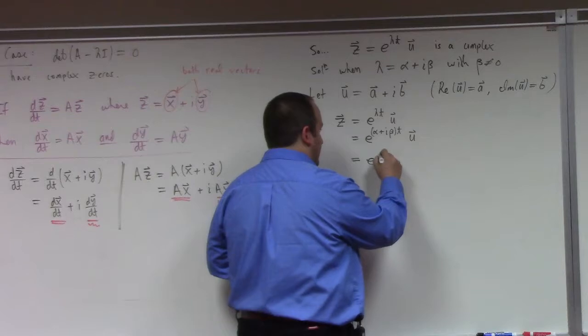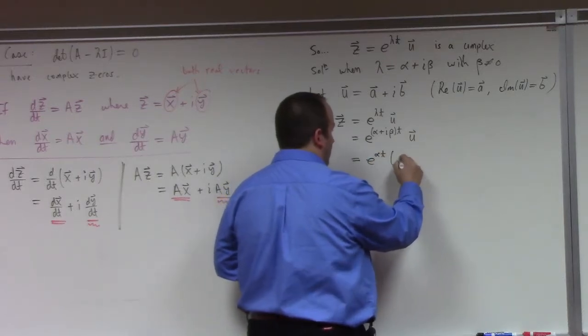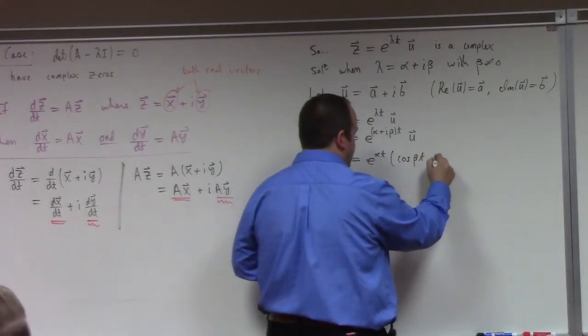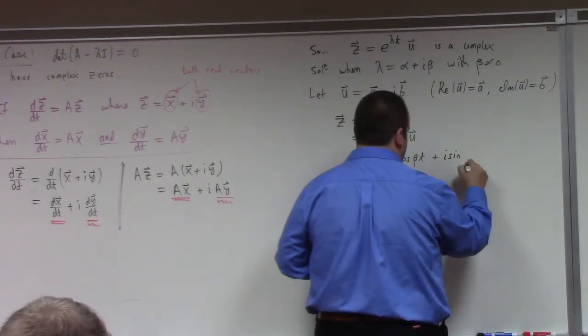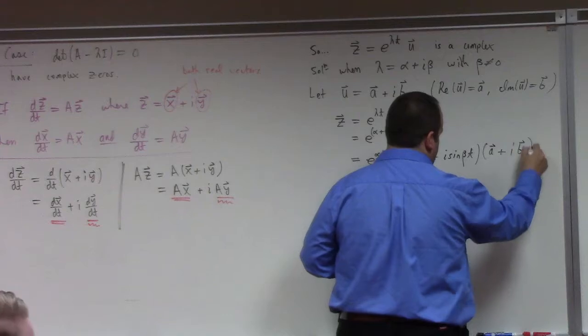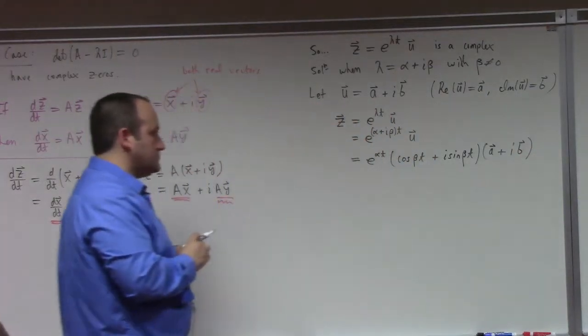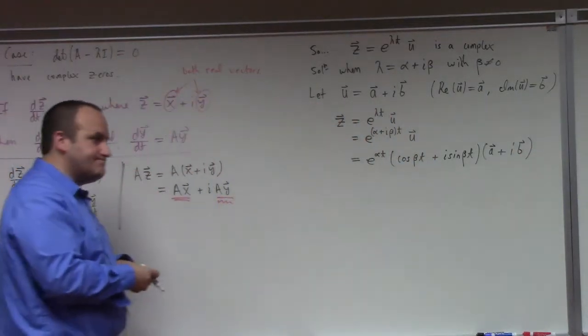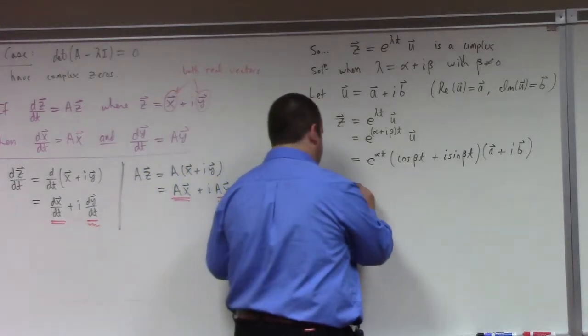Okay, so here, this is e to the alpha t times cosine beta t plus i times the sine of beta t, times A plus iB, and then multiply.